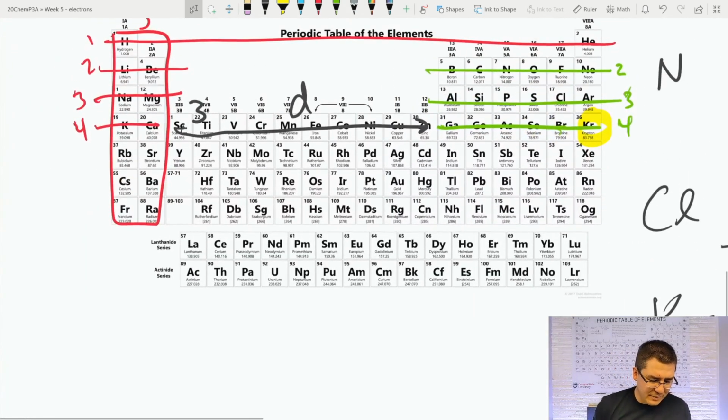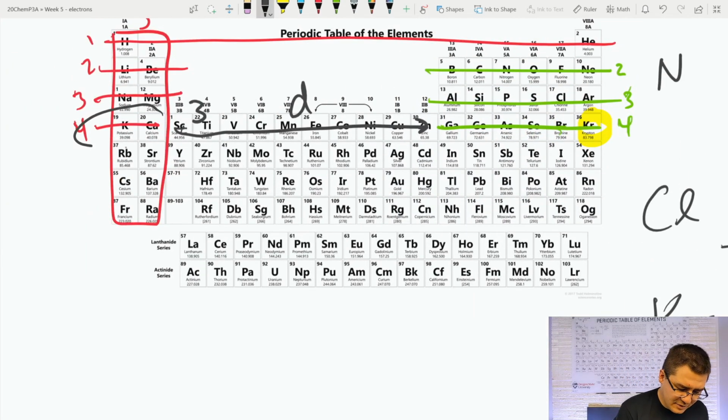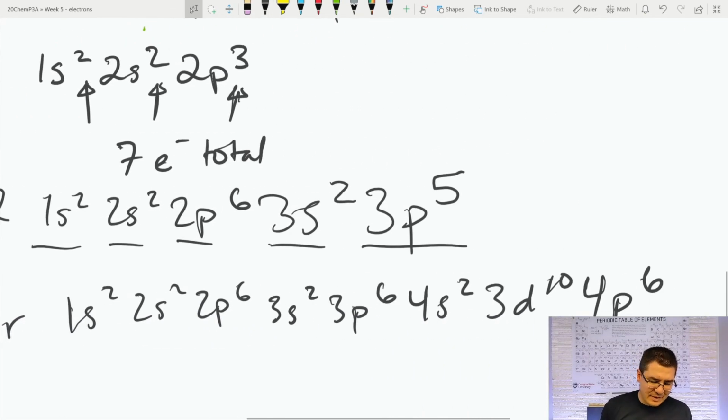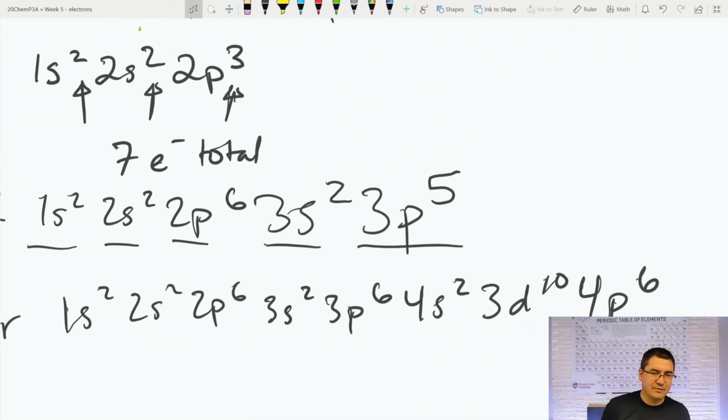So we filled up in this last row the 4s2, the 3d10, and the 4p6. Okay, that's a lot, but that's 36 electrons accounted for.